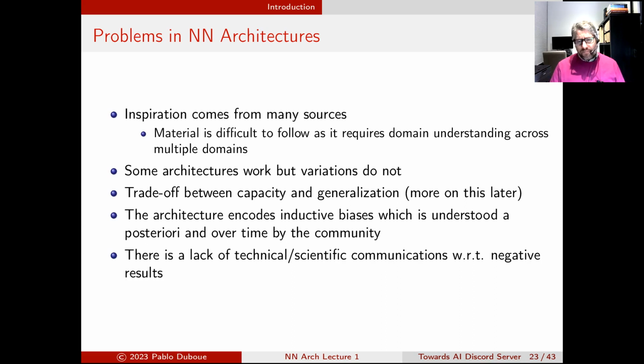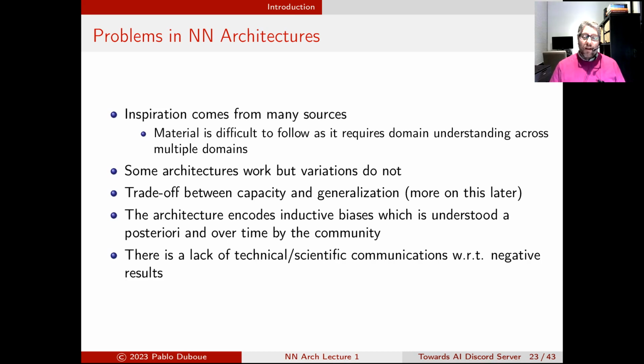And what happens is that the neural architecture encodes inductive biases, encodes the way that a particular problem will be better solved.